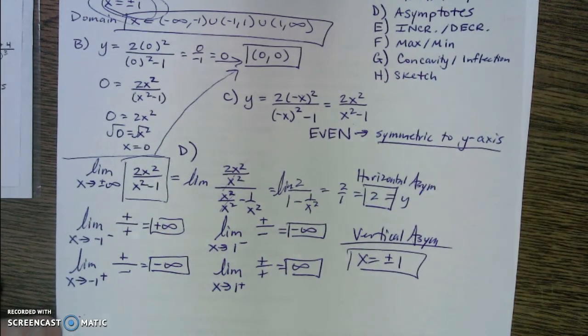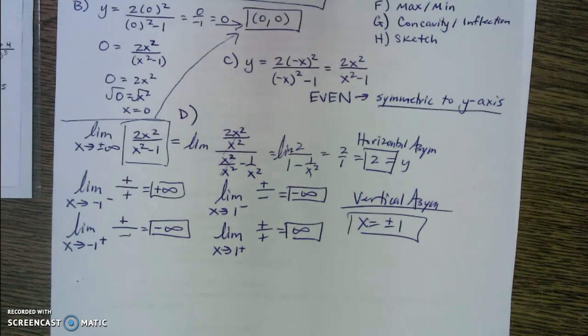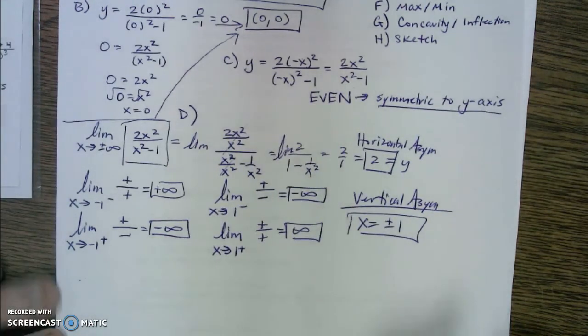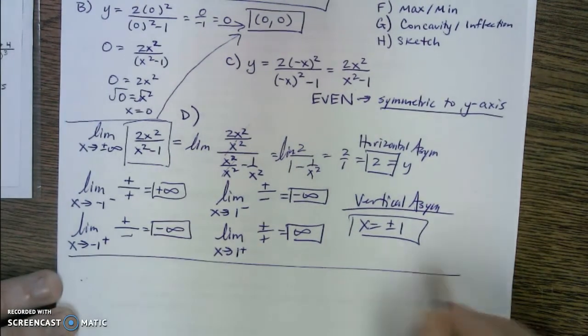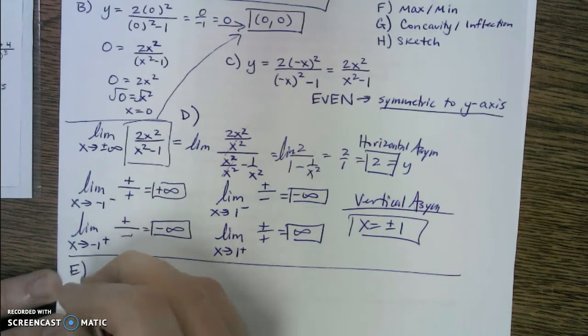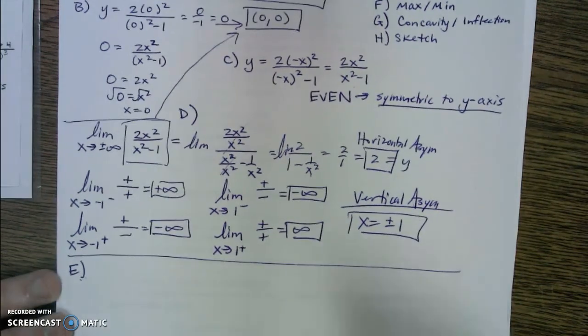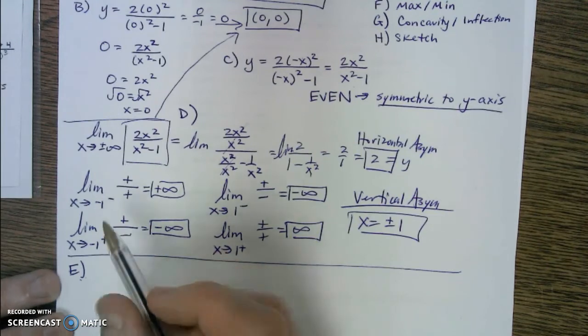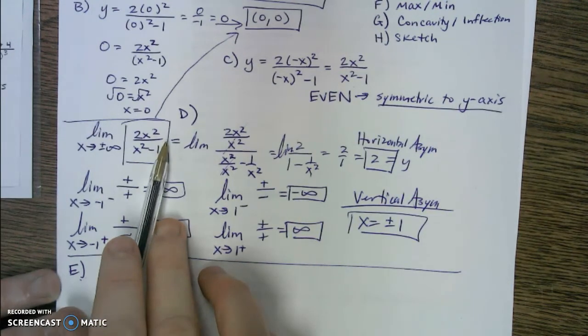All right. So we've gone through A, B, C, D. Now we're going to look for intervals of increasing and decreasing, which to do that, you want to find your derivative. So we've got the function 2x squared over x squared minus 1.